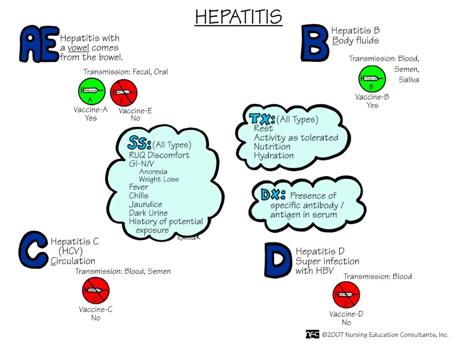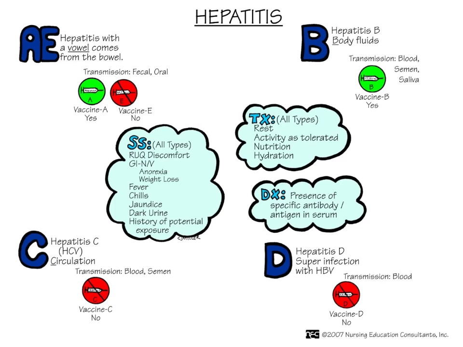Hepatitis B is transmitted in blood, semen, and saliva, and we absolutely do have an immunization for that, and that's what we all got before starting a nursing program or before working in a hospital. Hepatitis C, most often transmitted in blood and semen, no vaccine for that. And hepatitis D, there is no vaccine for that, but remember this is a superinfection with B, and this is transmitted in blood.